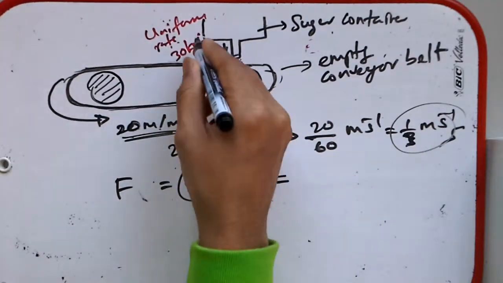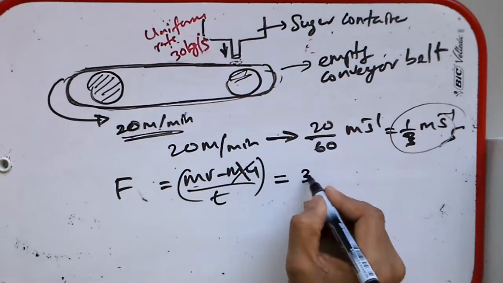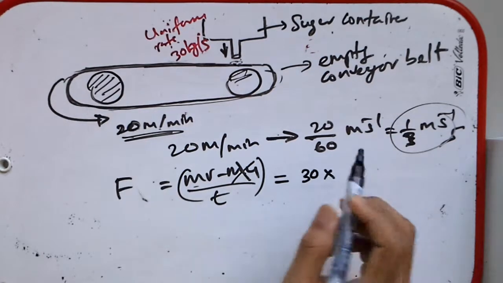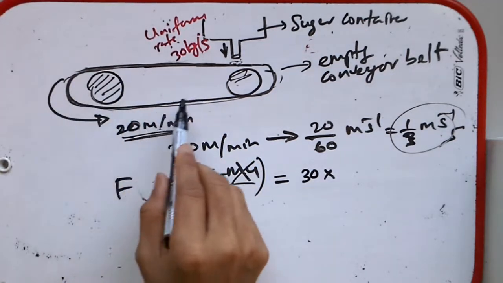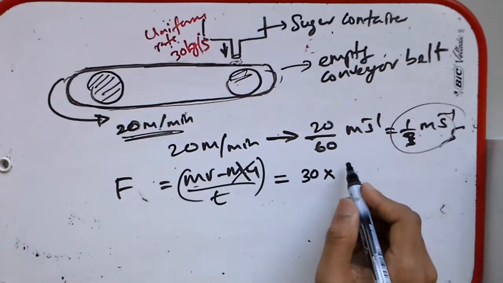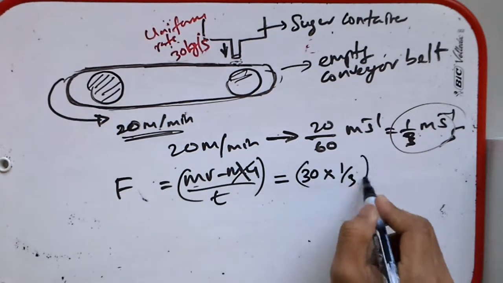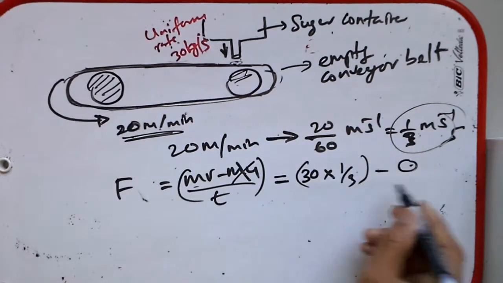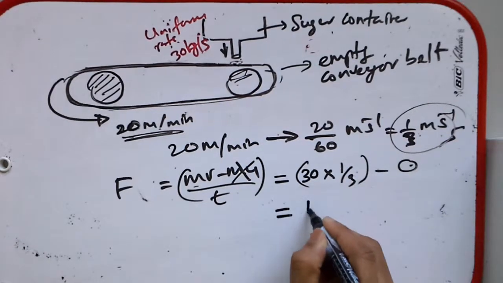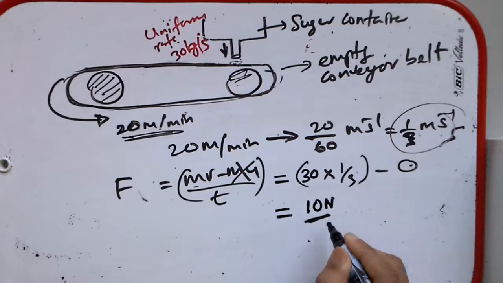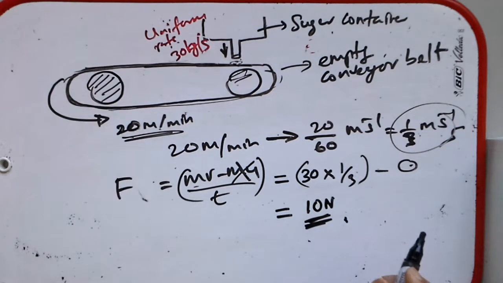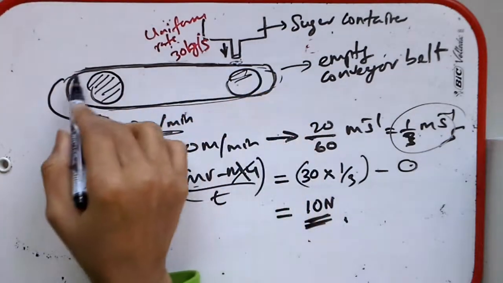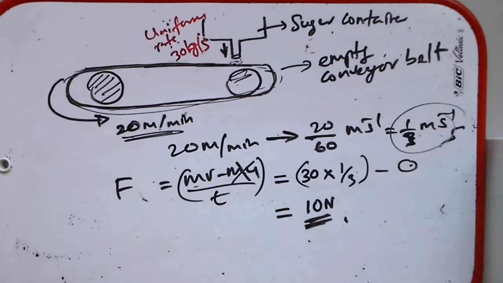What is the rate? The uniform rate is 30, times the velocity of the sugar, which should reach 1/3. This other part becomes 0 because the initial speed is 0. If you simplify, you will find 10 Newton. So this says you have to give 10 Newton force to maintain the belt at constant speed.